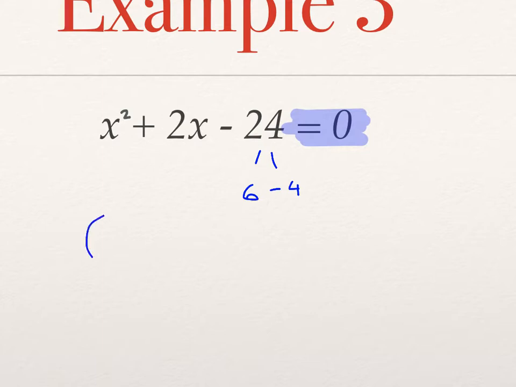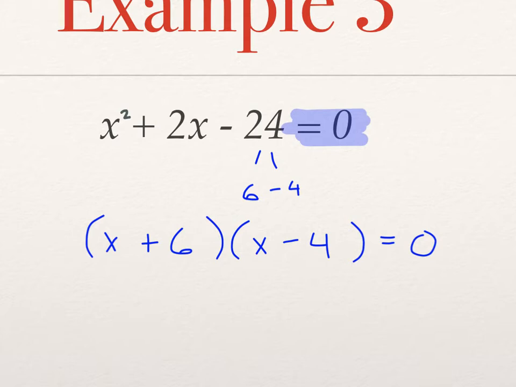Perfect. So we plug those into our parentheses. We have x plus 6, x minus 4. What do we do next? Perfect. We set them both equal to 0. So x plus 6 is equal to 0, and x minus 4 is equal to 0.